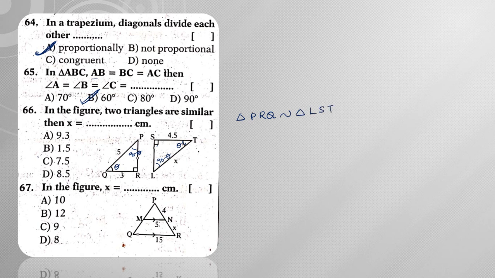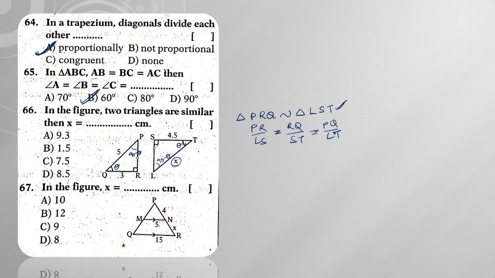Okay, now it is asking you to find the value of x. Now from this we can say that PR by LS is equal to RQ by ST is equal to PQ by LT, by using the proportionality of sides, since two triangles are similar. Now substituting the values.